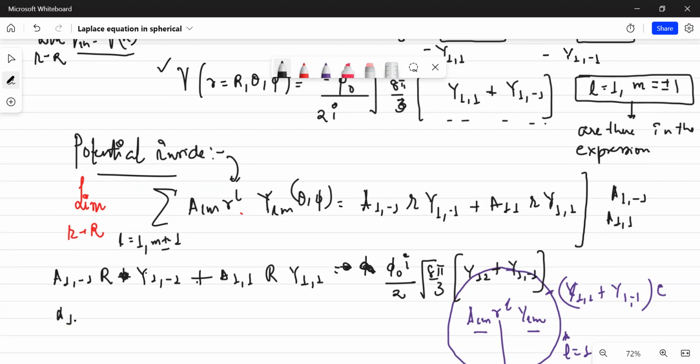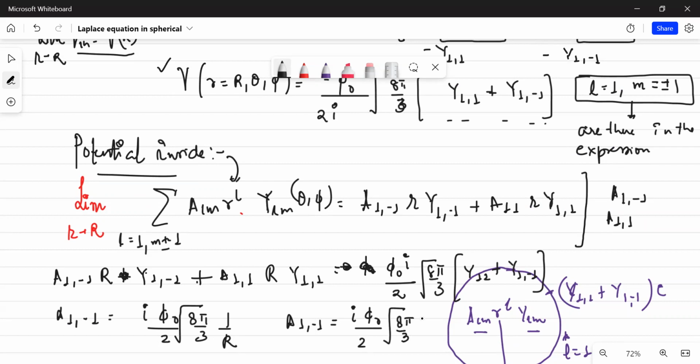So your A1 minus 1 would be iota phi naught upon 2 root over 8 pi upon 3 divided by R, and similarly your A11 would also be iota phi naught upon 2 root over 8 pi upon 3 times 1 upon R.